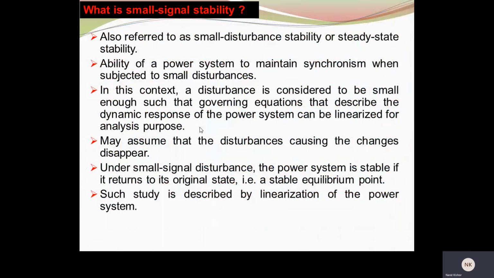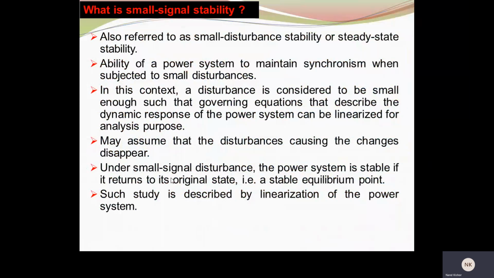In this case, we assume that the disturbance that causes the changes will disappear. It will not remain, or it will not be sustained for a duration. Under the small signal disturbance, the power system is stable if the operating point returns to the original state.